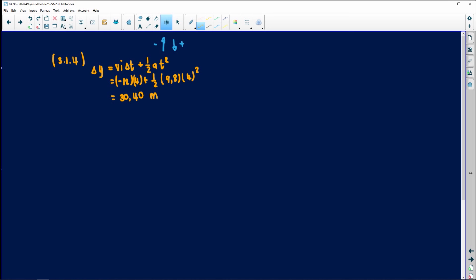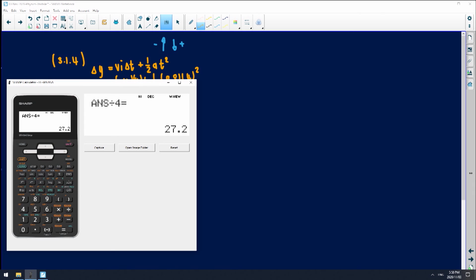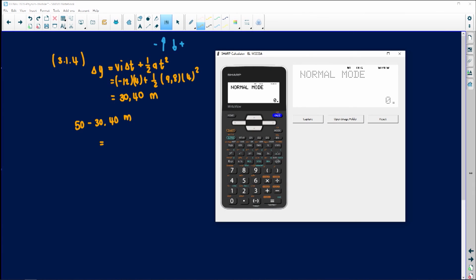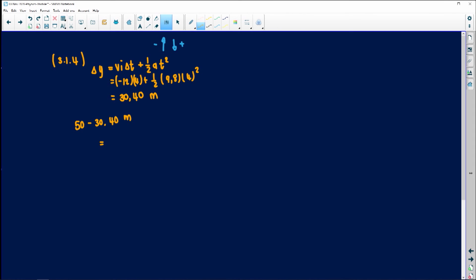However, remember, from the ground, if the ground is 50 and we throw it up another 30.40 meters in the air, how high was it then from the thrower's hand? They said the position from the thrower's hand, it is 50 minus 30.4. So technically, it was at 19.6 meters.